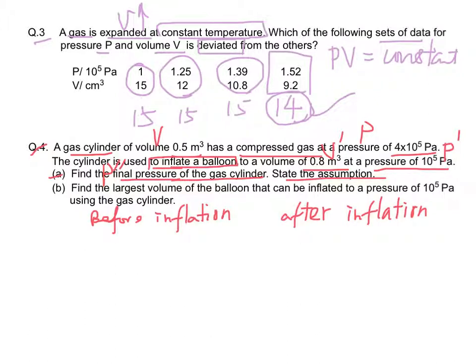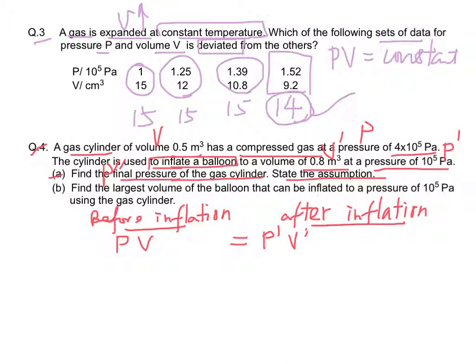Consider the case before inflation and after inflation. Before inflation, the product of pressure and volume is the pressure of the compressed gas in the cylinder times the volume of the cylinder, which is equal to, after inflation, the pressure inside the balloon P prime times the volume of the balloon V prime.